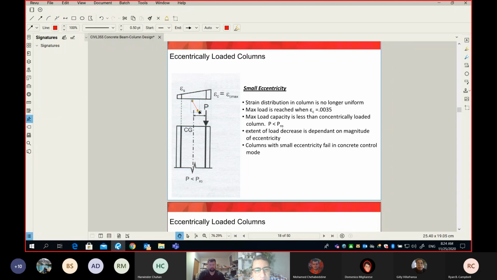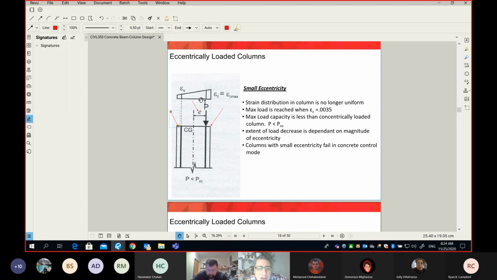This distance is called eccentricity. This means the stress on the cross section will not be uniform. One side will have more stress and the other side will have less stress.